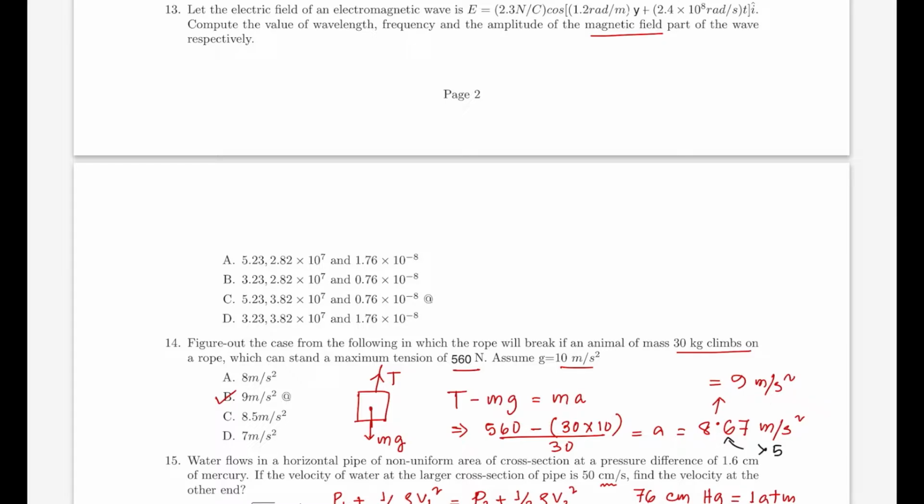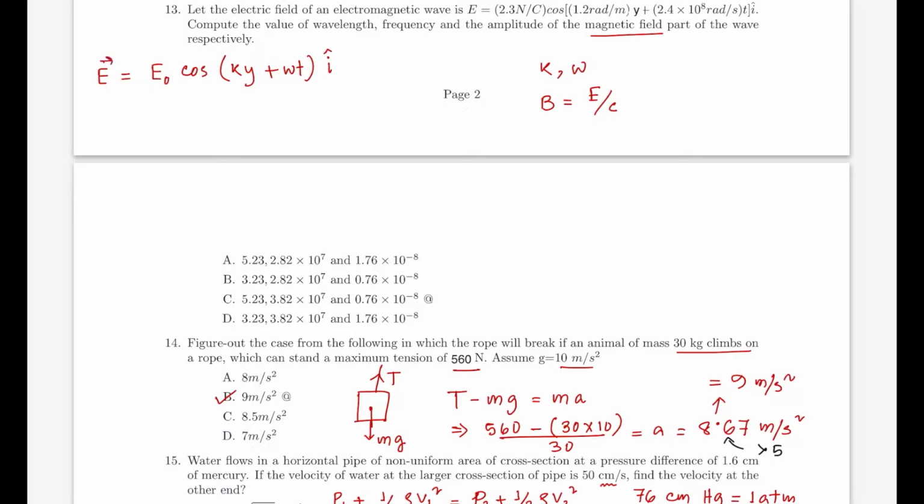As you know, the wavelength and the frequency of the electric and magnetic part of the electromagnetic wave are the same, and the amplitude of the magnetic field is E divided by the speed of light, and the most general expression for E is E0 cos kx or in this case ky plus omega t into the direction in which the vector is pointing.